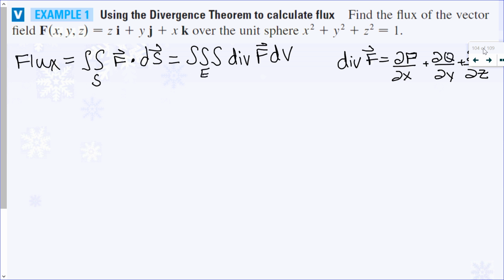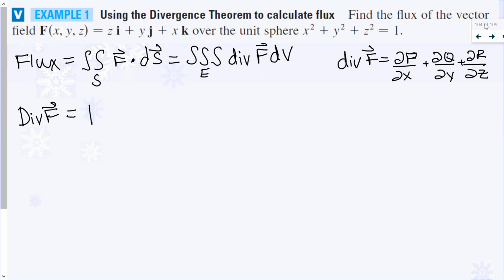Essentially you're taking the partial of each of those component functions of your vector field and summing them. So in this case, the divergence of F is the partial of z with respect to x, which is 0, plus the partial of y with respect to y, which is 1, plus the partial of x with respect to z, which is 0. So the divergence of our vector field here is 1. Any questions on that?